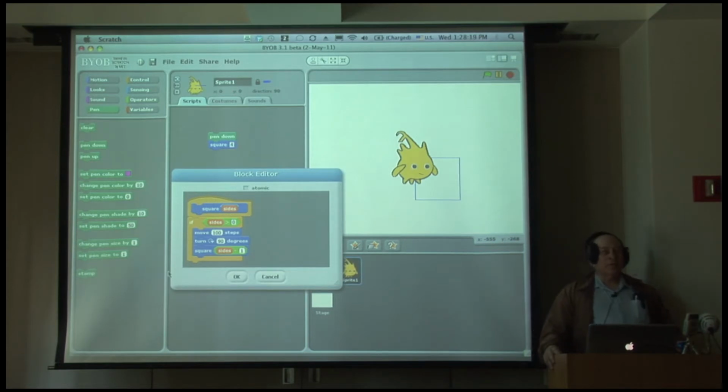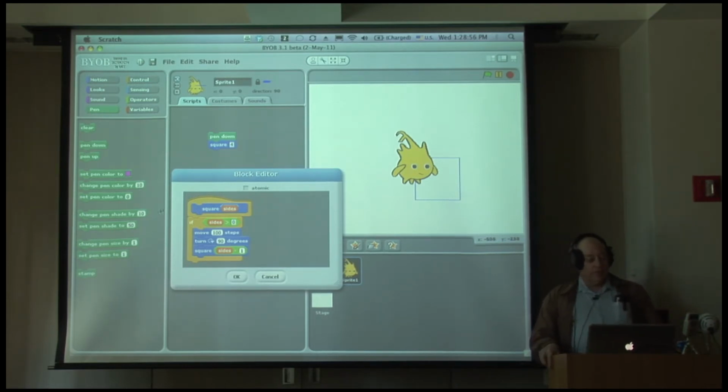If you want to talk about what's going on in the computer, here's what's going on in the computer. Inside your computer are a whole lot of very little people. Each little person knows how to do one block. So there are little people who know how to do move, and there are little people who know how to do if, and there are little people who know how to do turn, and there are little people who know how to do the blocks that you write. So there are square little people, and there are V little people in my previous example.